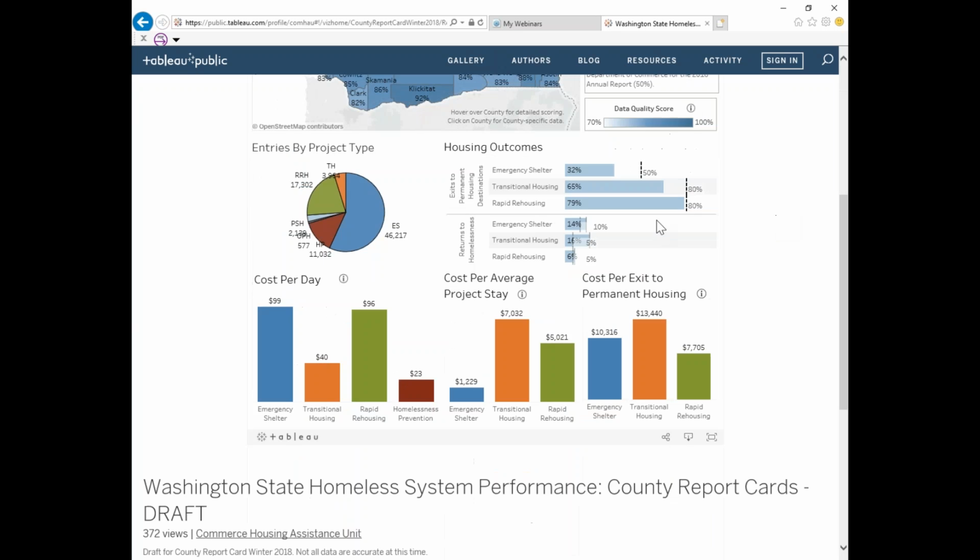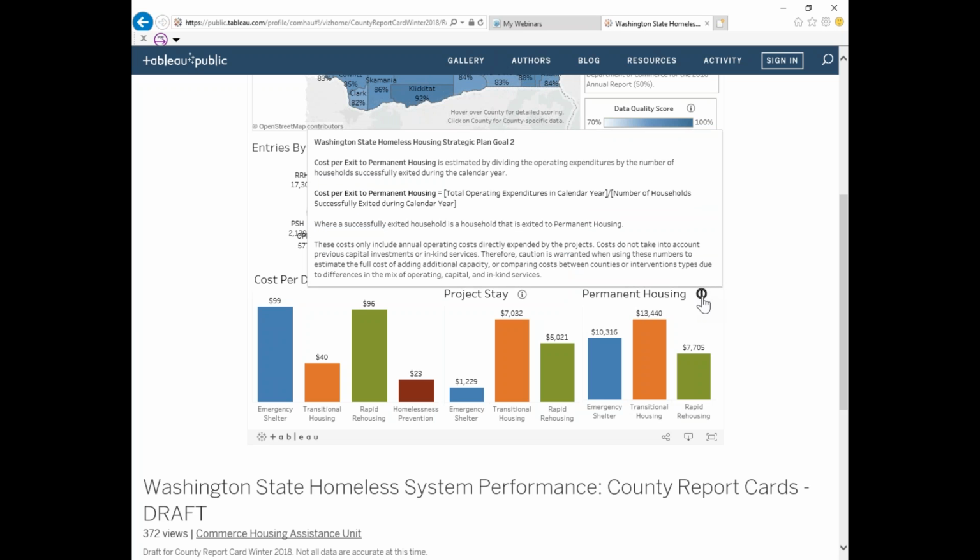Yeah. So down here where you get the cost per exit to permanent housing, all the data in this bottom area for cost uses the same reporting period. So the cost data is from the calendar year, and the exits to permanent housing are for the calendar year for these measures.